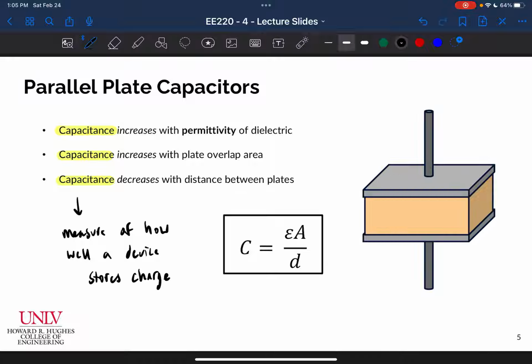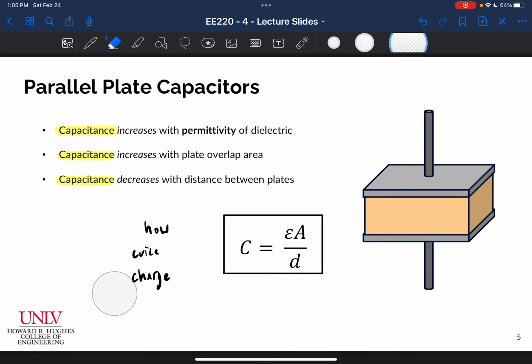And so capacitance just so happens to be directly proportional to the amount of energy that a capacitor can store. So if a capacitor has larger capacitance, then that capacitor can store more energy. Okay, I just wanted to outline that real quick.